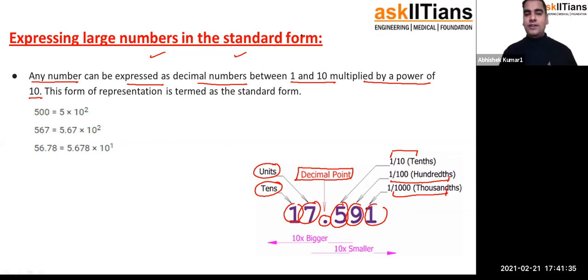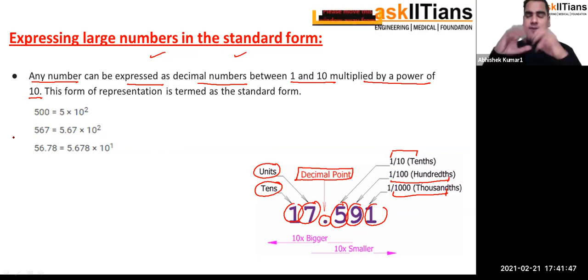So here, guys, we were discussing if you have any number, how you can write that number as a decimal number between 1 and 10, which is multiplied by some power of 10, and that power of 10 could be positive, and it could be negative as well. So what do we have?